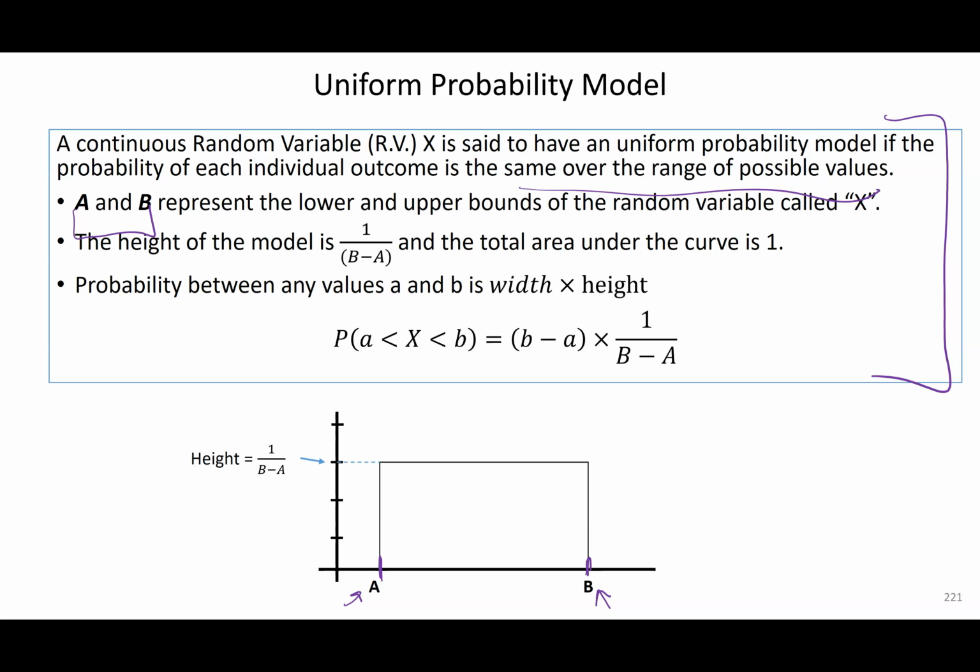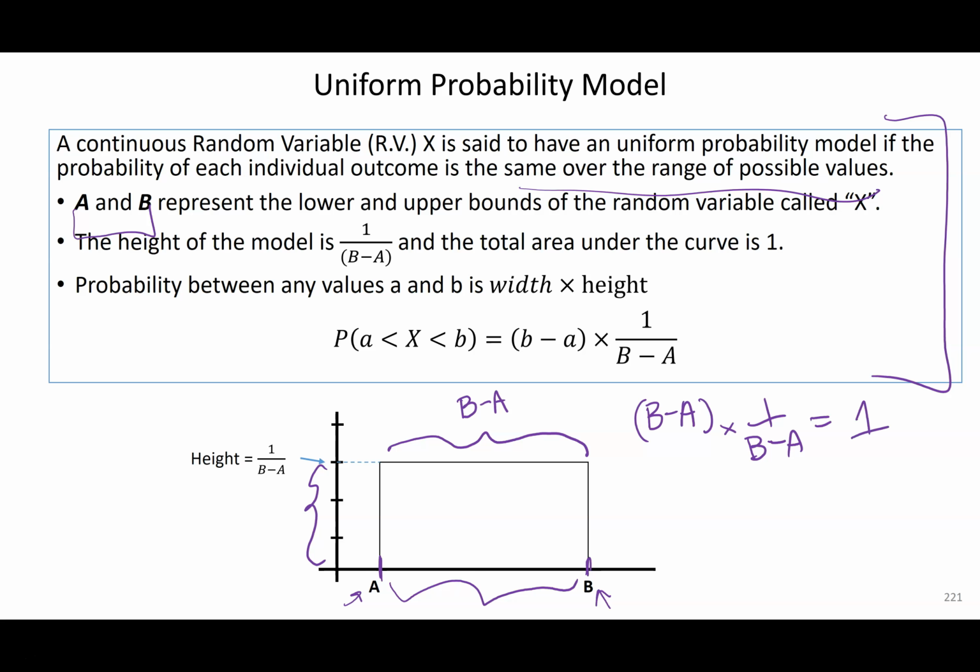This is a rectangle, so the length is B minus A, and the height is 1 over B minus A. B minus A times 1 over B minus A is just 1. So the entire thing has an area of 1.